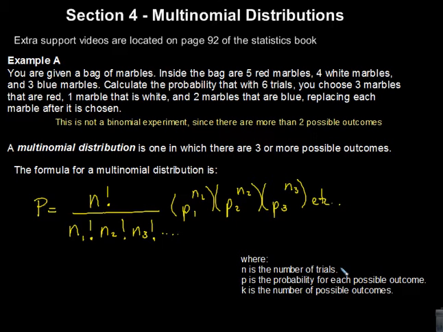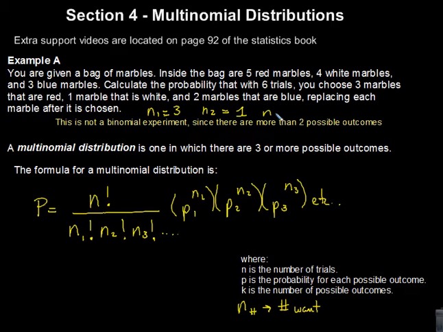N is the number of trials. N with a little number on it is the number you want. So for example, in this case, if I have 3 red marbles, N sub 1 would be 3. N sub 2 would be 1.